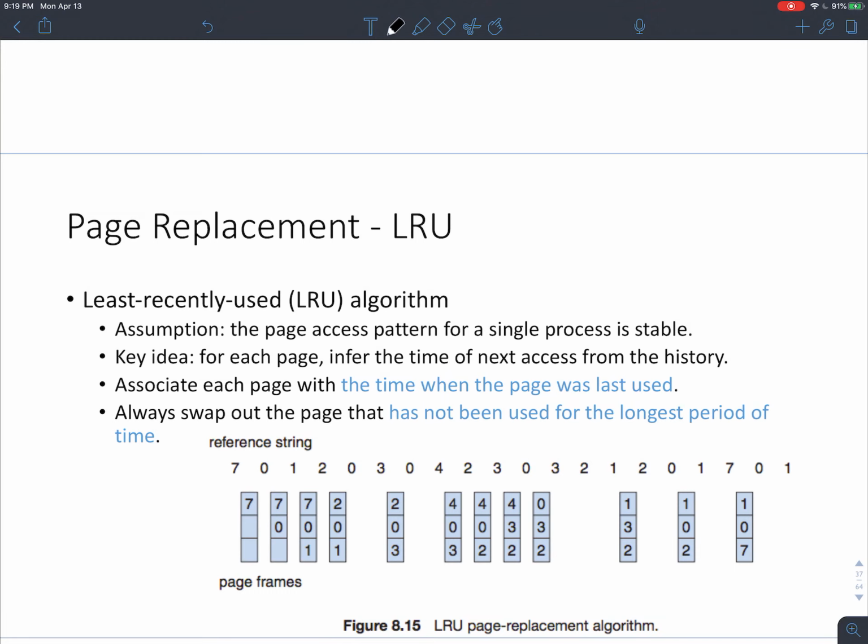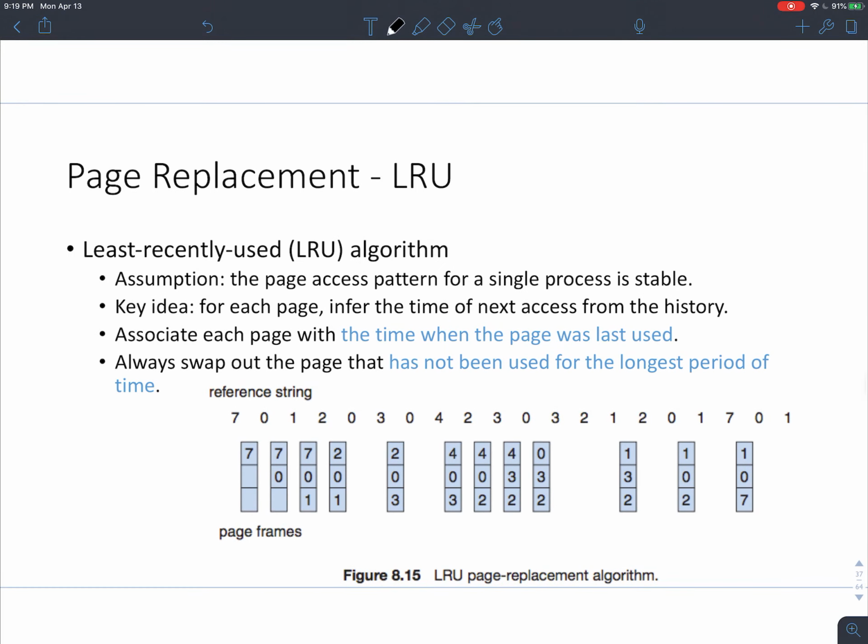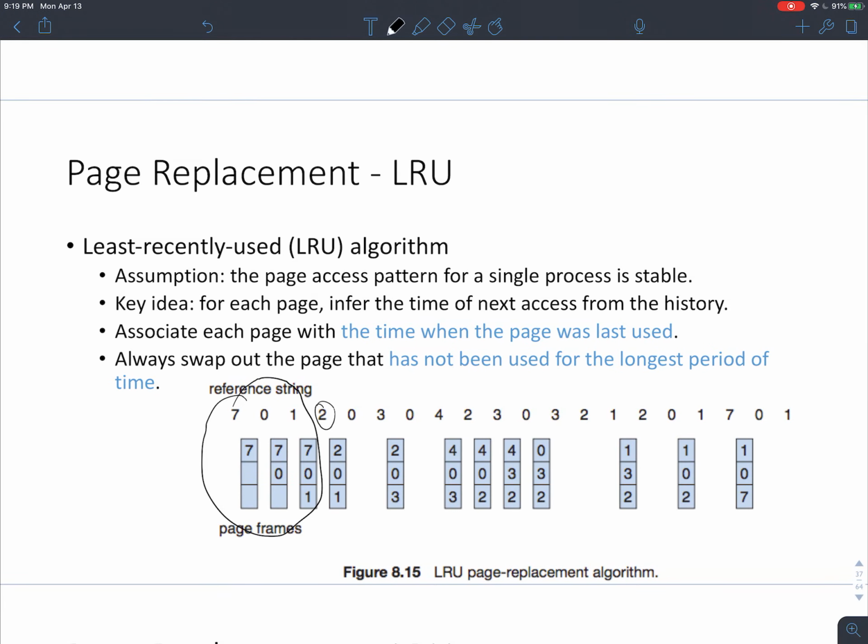Here let's do the example again. With these reference strings, the first steps are exactly the same. We have 3 page faults because none of them has been loaded into memory. Then at this time step, when we want to refer to page 2, we need to decide which page to kick out.